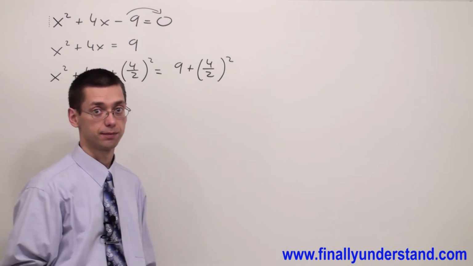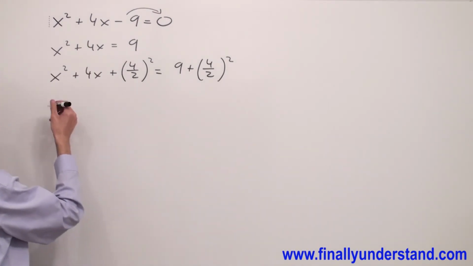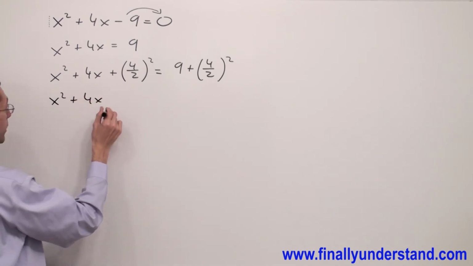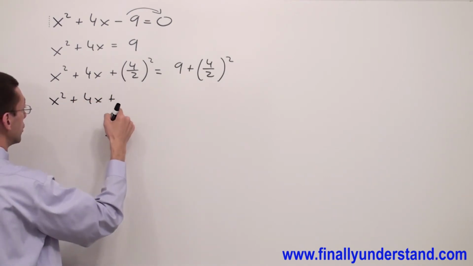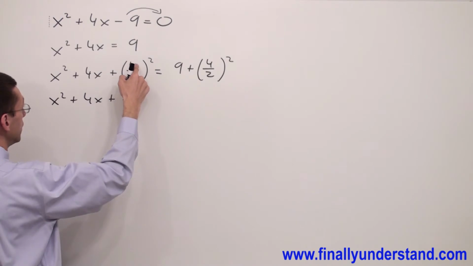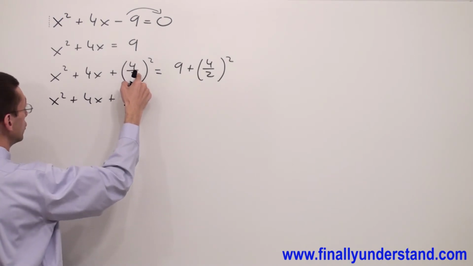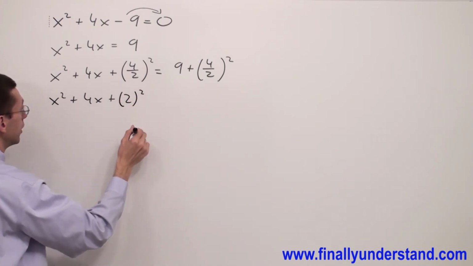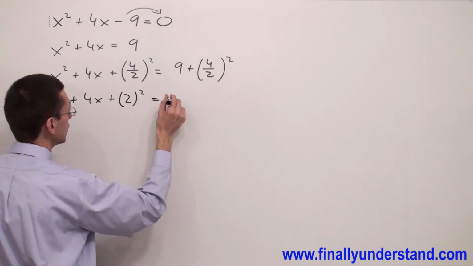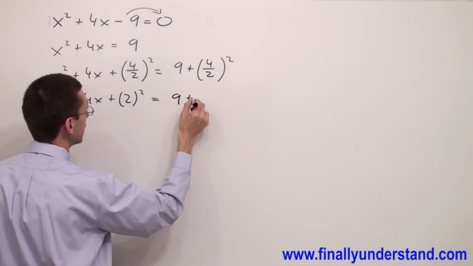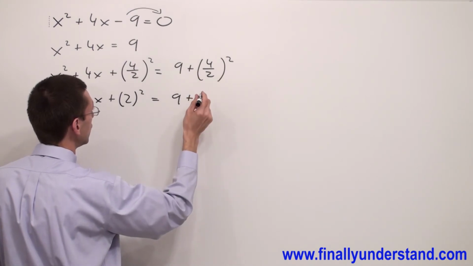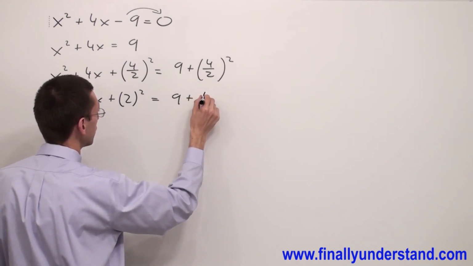Is it simple? Of course. Take a look. We have x squared plus 4x plus, we can reduce this fraction by simply dividing 4 by 2. 4 by 2 is equal to 2 to the second power, equals 9 plus 4 by 2, which is also 2 raised to the second power, is equal to 4.